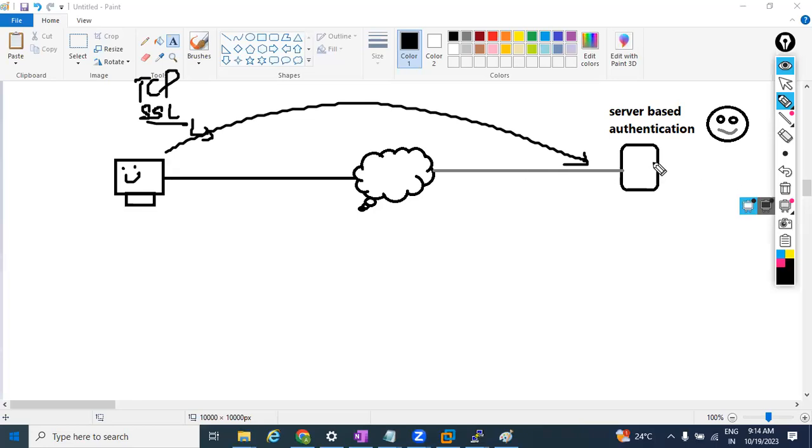Sometimes they don't have a certificate and are not able to authenticate themselves. Then we get an error that the SSL certificate of the destination server is expired. Expired means I'm not able to authenticate. Do you still want to continue with that?